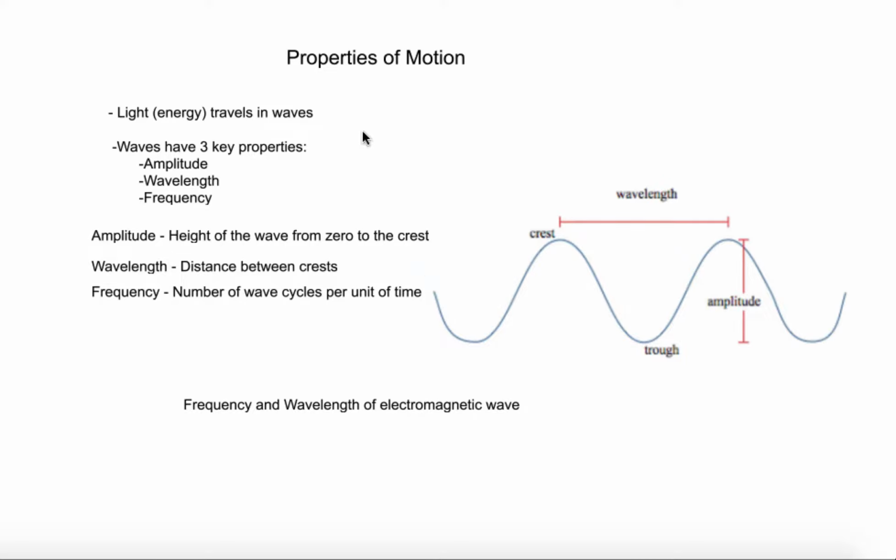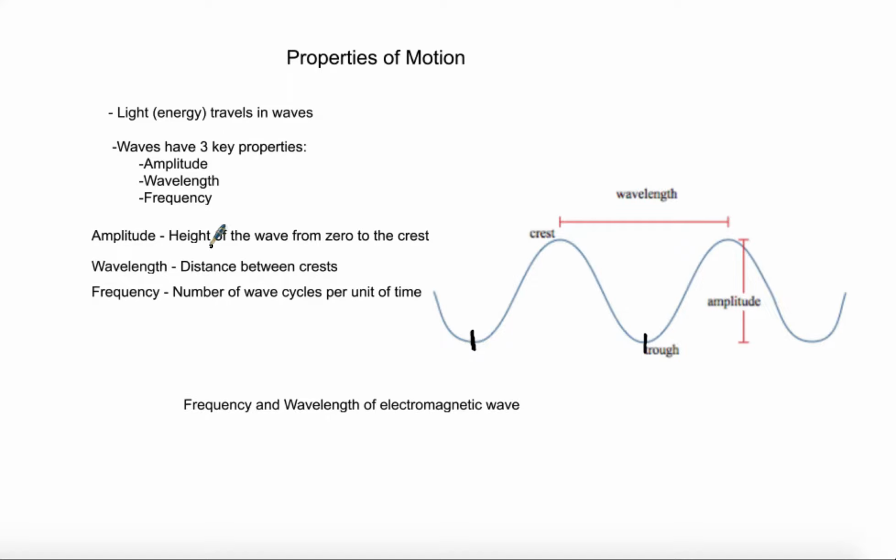By a cycle of a wave, you can basically identify it by marking a spot on it. So if we're talking about a wave cycle, we might consider it from right here until it starts to repeat itself, right here. So the frequency would be how many times this section appears over a period of time.